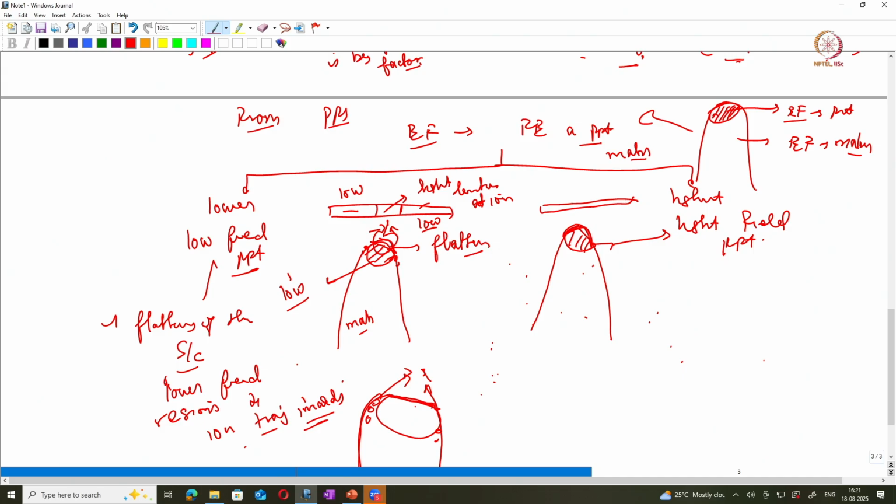It means that the radius of curvature increases. If you magnify this, you will have a tip and a precipitate like this.